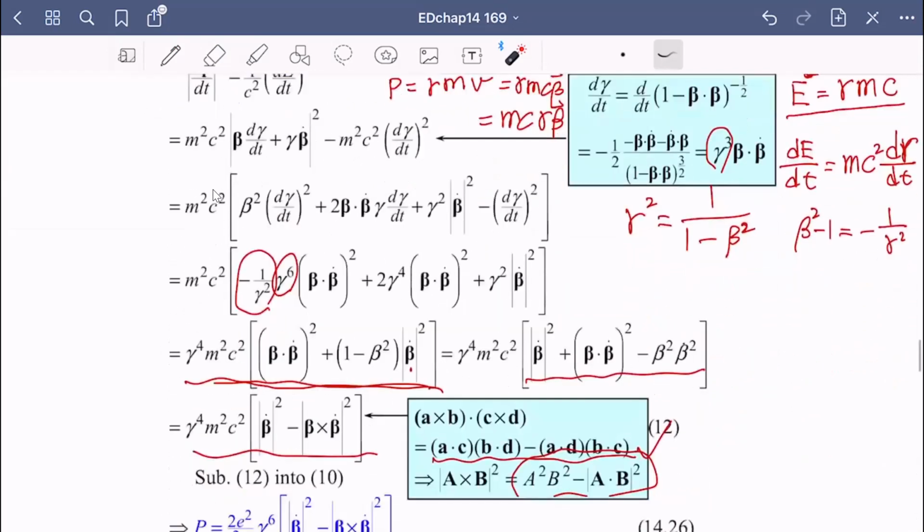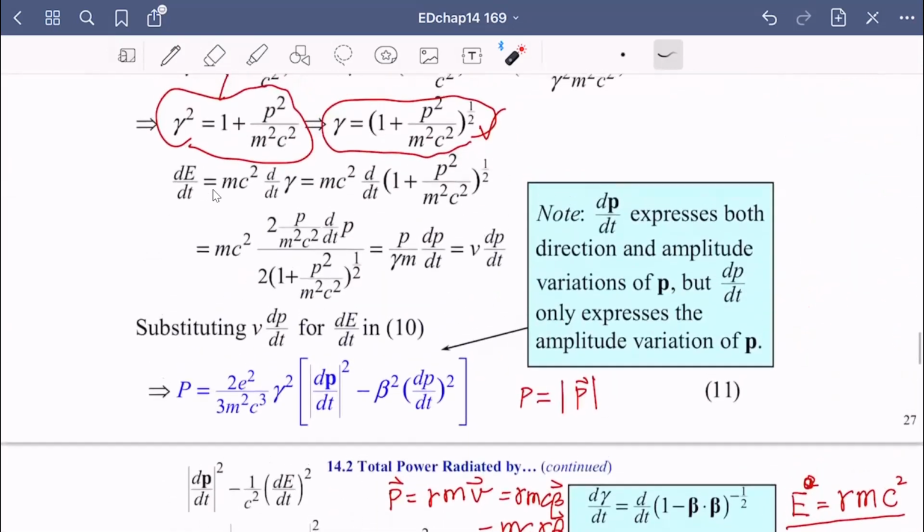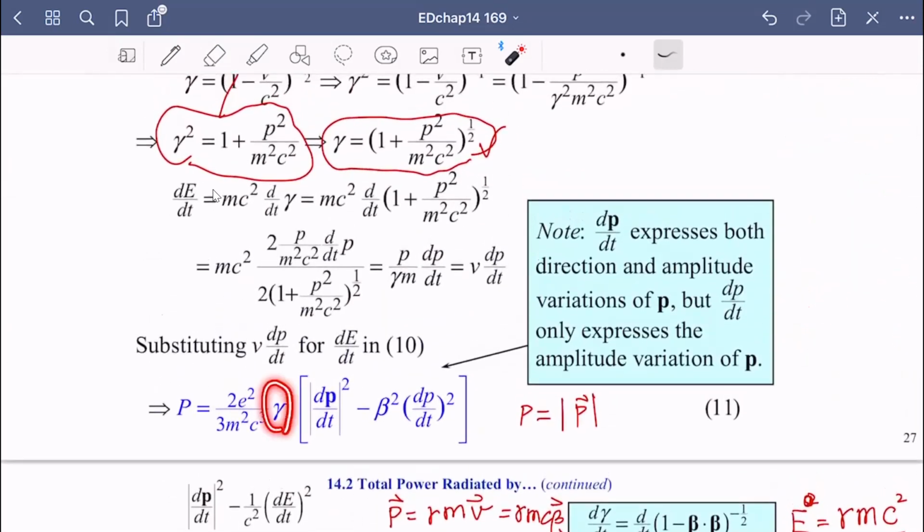So we have actually 3 expressions, but normally we prefer 2 because this one is related to beta and beta dot as well as gamma. This one is related to gamma, p vector, beta, and p absolute value.